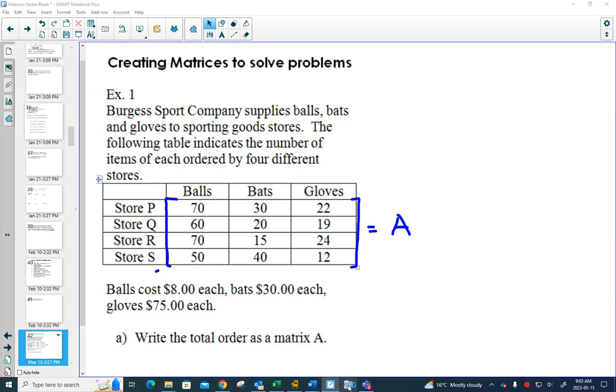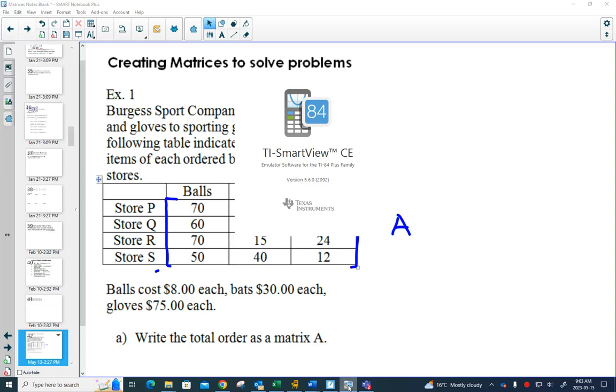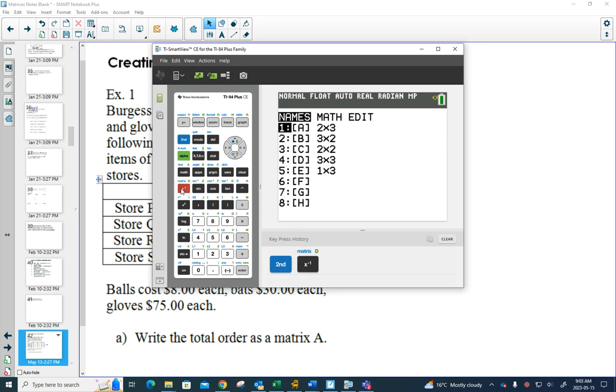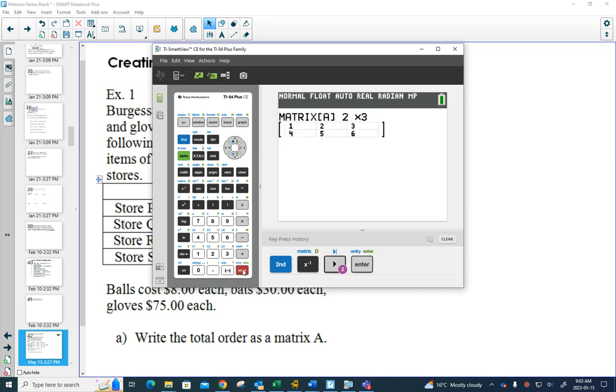Anybody not have a graphing calculator that would like to borrow one for today? So we go second matrix, we go to edit, and even if there are numbers in there, I don't worry about it. We're just going to replace them. What do we have?